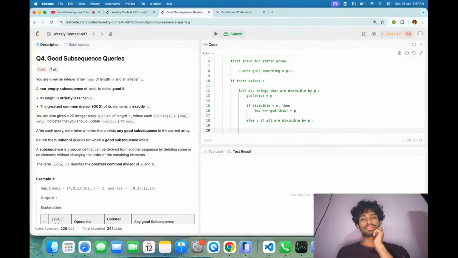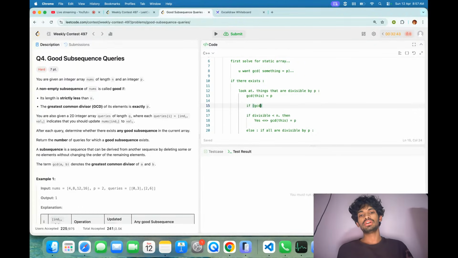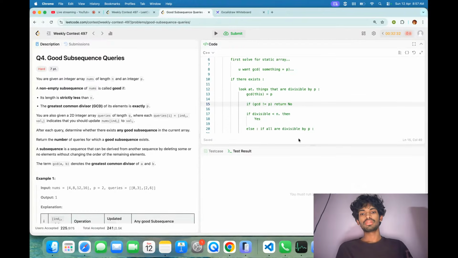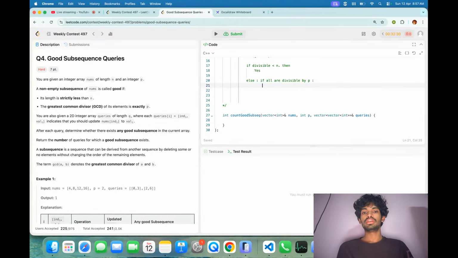That is the problem here. Or you can write it better. If GCD of all is not equal to P, return. So now all are divisible. Can you remove one and still make the GCD equal to P?